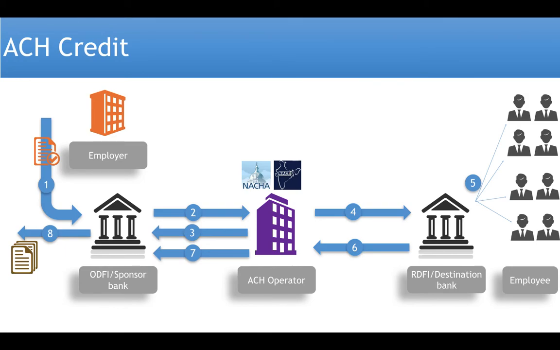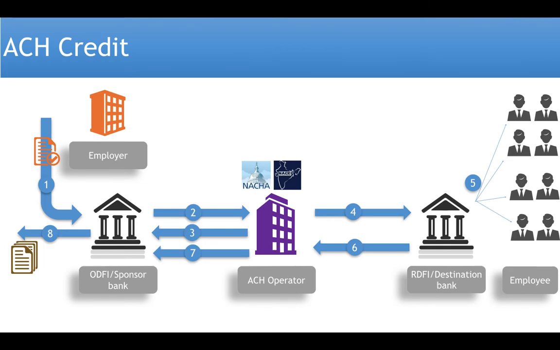That bank will prepare the file in the ACH format, and the same process flow will happen as in the case of payroll, or salary credit. So these are basic examples of ACH credit.